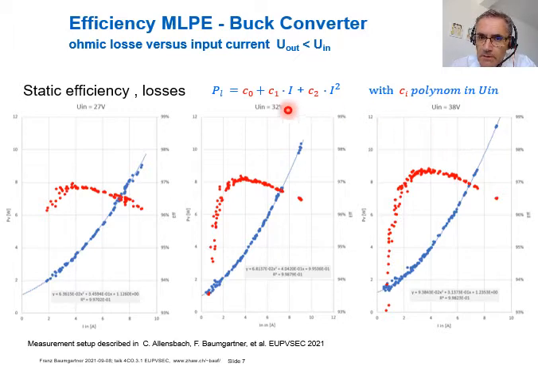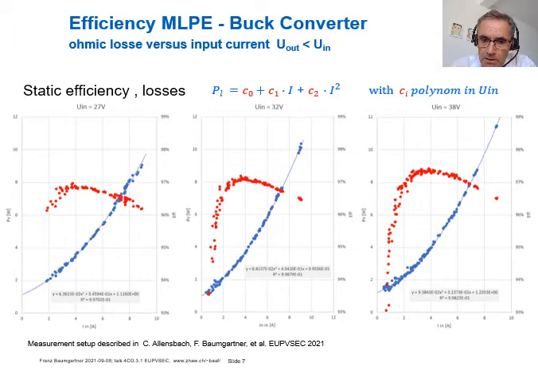So at the end, these coefficients C0, C1, and C2, we can make a polynomial which is a function of the input voltage, and then we have a first loss model of the DC-DC converter, which is only working for the buck mode, so where the output voltage of the converter is smaller than the input voltage.